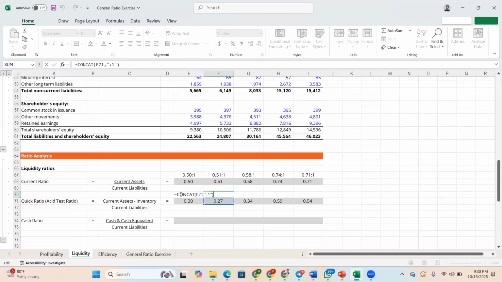Okay, another thing I can do is, my formula is becoming so long. But I know what I'm trying to achieve.